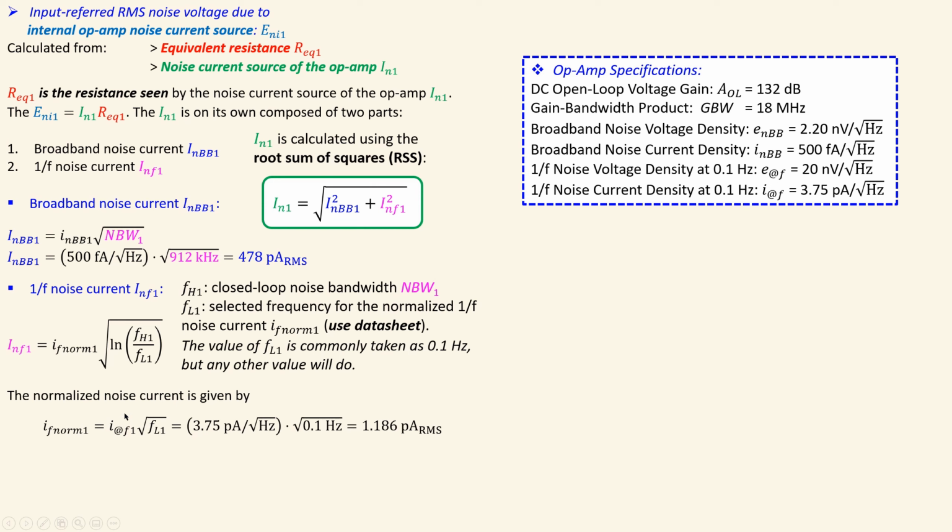Now, I have this symbol, which is then the value at that 0.1 hertz in that 1/f noise region. And if I now substitute the values, I will get this result, and I will then use this in here using the noise bandwidth here and also the 0.1 hertz as the selected frequency. Now, if I do the math, you will get 4.75 picoamps RMS.